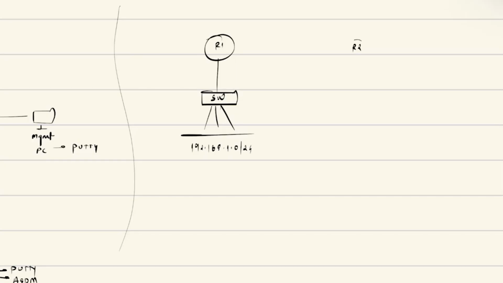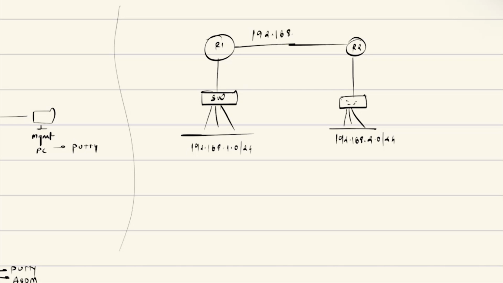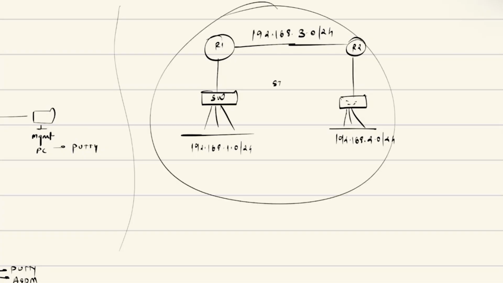Then you have router 2, and router 2 has another switch, another set of endpoints, and we have 192.168.2.0/24. And then you connect both of these together, and that would be 192.168.3.0/24, right?